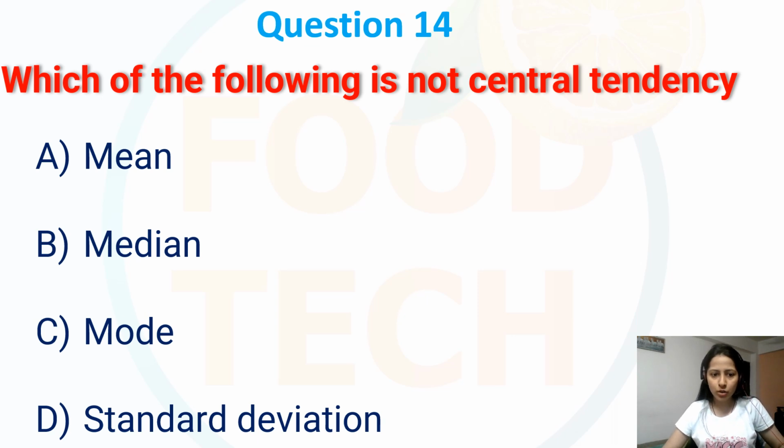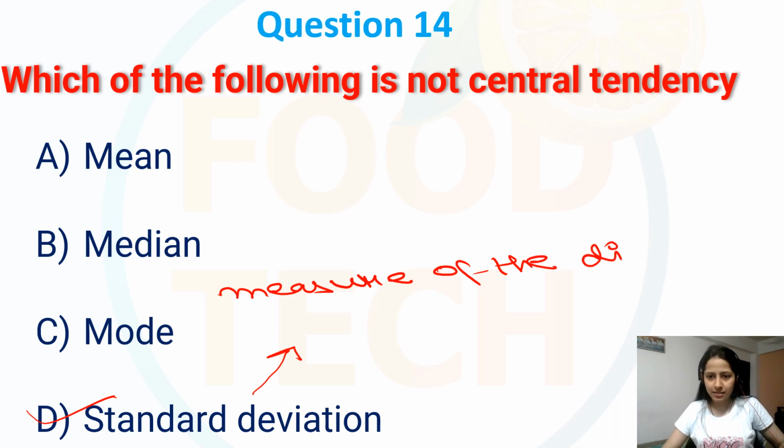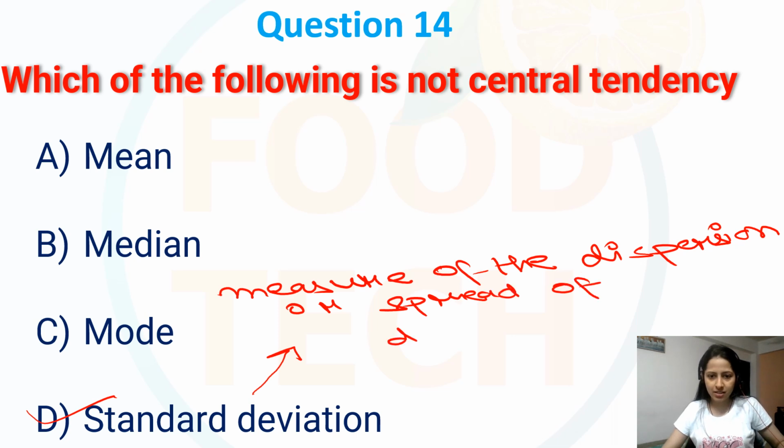So among the options, option D is the correct option, since standard deviation is a measure of dispersion, or spread, of data points around the mean.